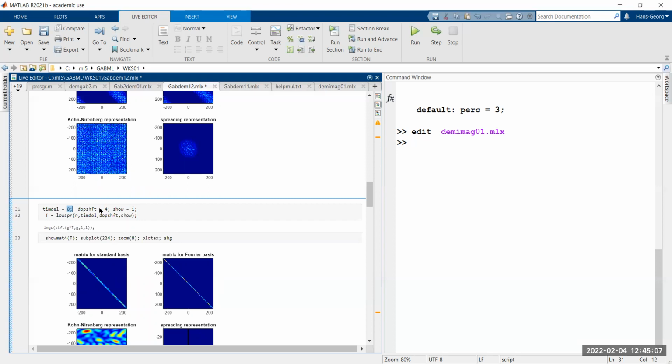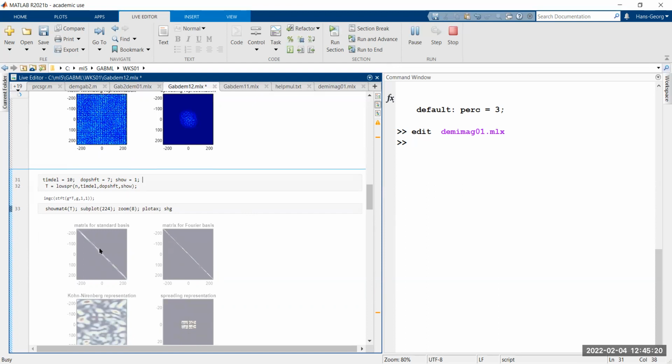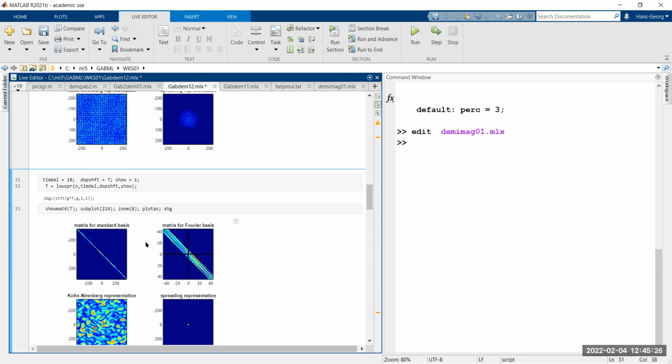We increase it maybe just to 9 or 10, and we take the maximal frequency equal to 7. Then we will see now the matrix here is slightly larger. This is a little bit longer. We are again zooming in here.